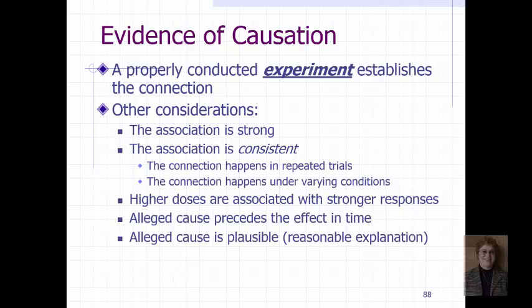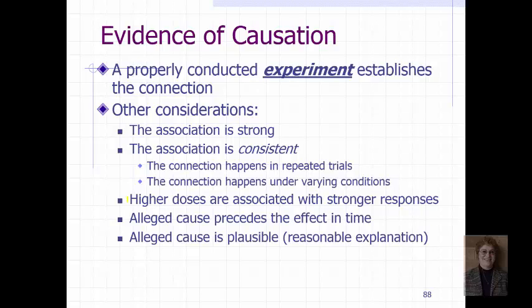If we look at smoking, how they went from smoking is associated with lung cancer to smoking causes lung cancer, all of these things happened. And they actually did put mice in cages and put cigarette smoke in the cages, made the mice smoke.